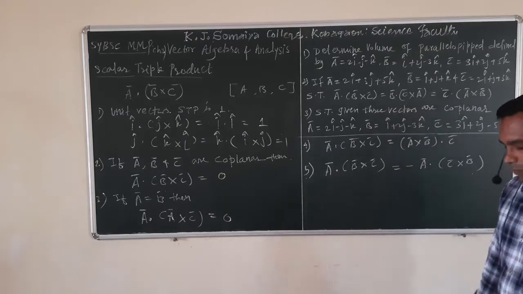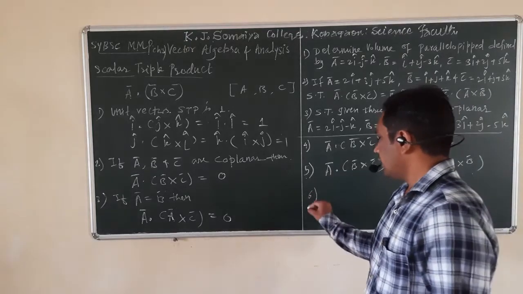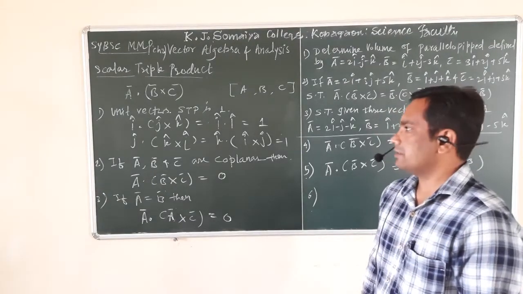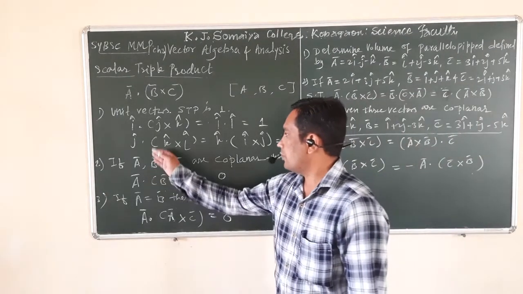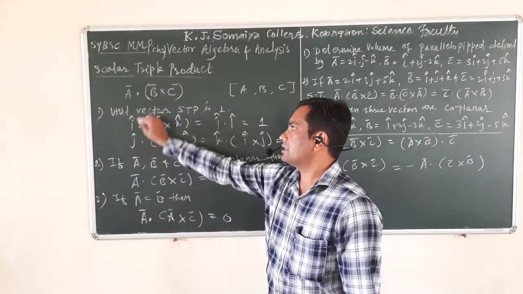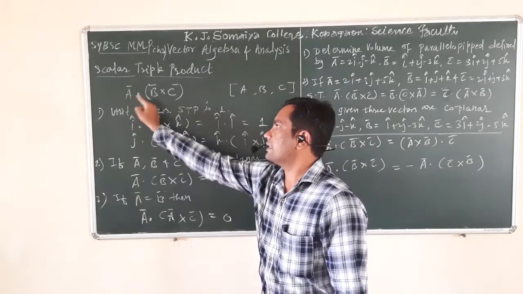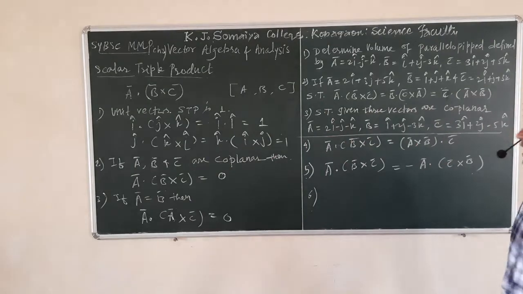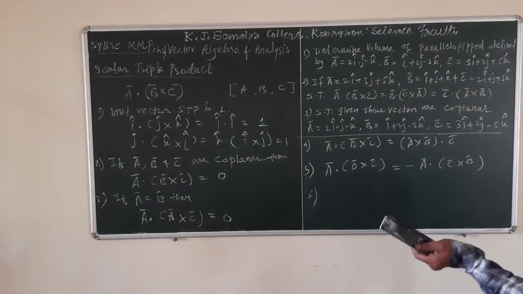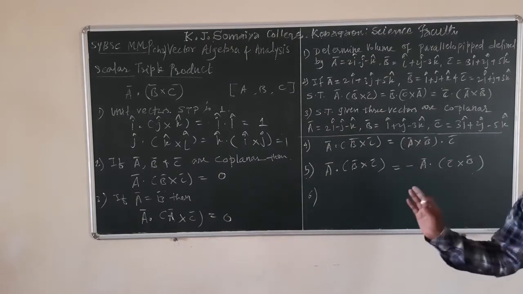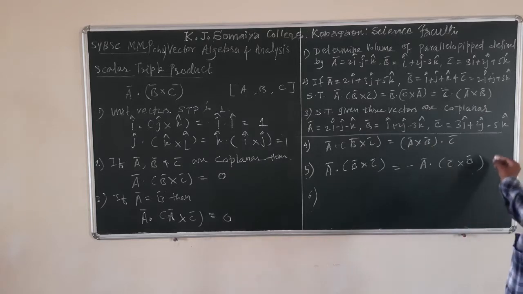Then the last property of scalar triple product is that it follows a cyclic relation, like this for unit vectors. The same cyclic relation is followed by scalar triple product for these three vectors, which means if you exchange the order of these three vectors in a cyclic manner, then the scalar triple product will not change. Okay, how can we show that?